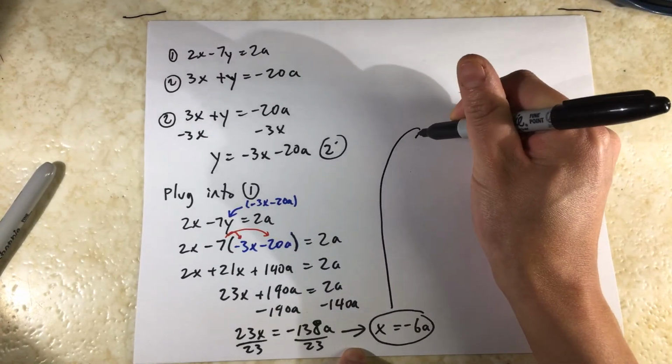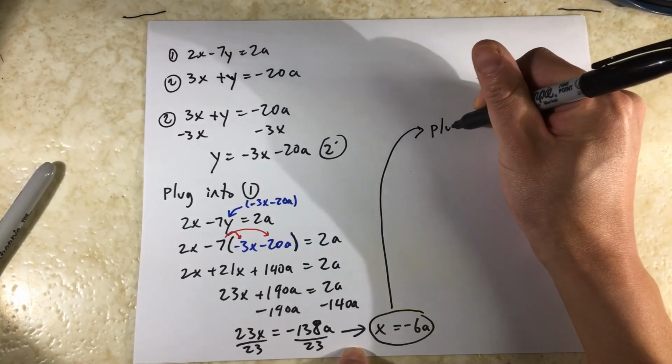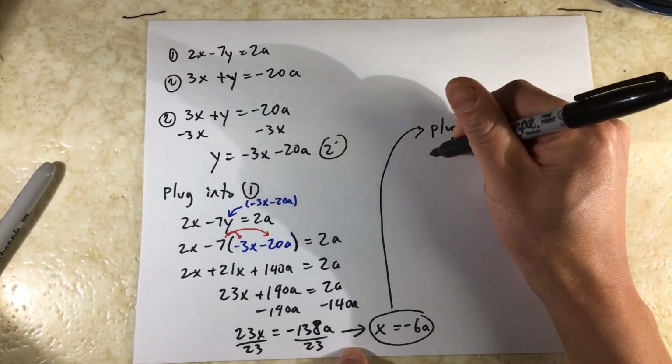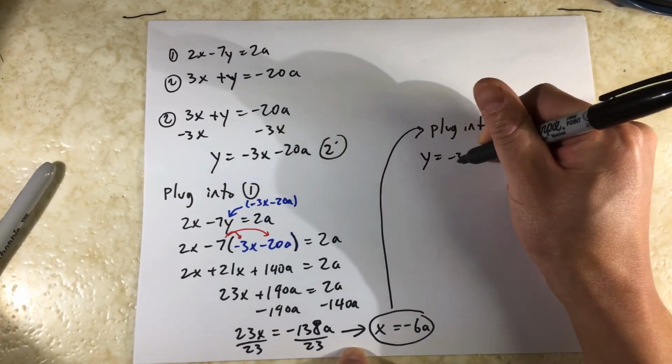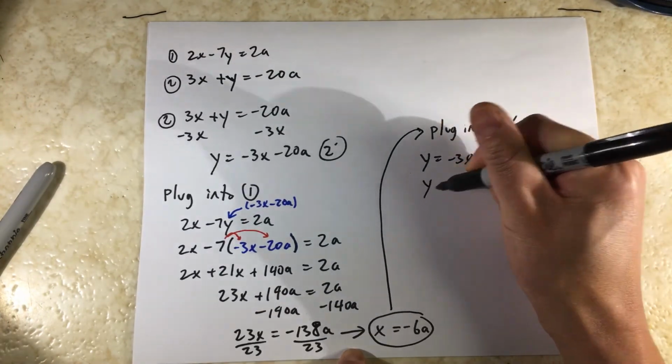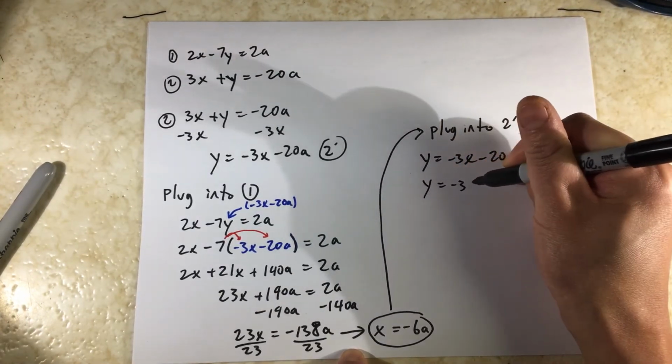Now what we're going to do is take this and plug it into 2 prime. So y is equal to negative 3x minus 20a, and we're going to plug in our value for x.